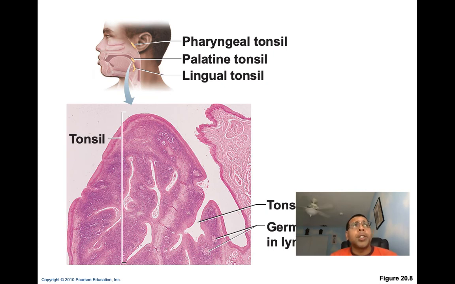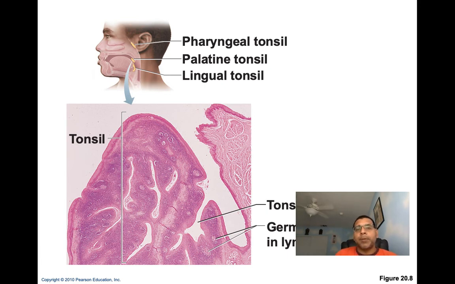When you get into the structure and talk size and location, they're basically rings of lymphatic tissue found around the entrance of the pharynx.